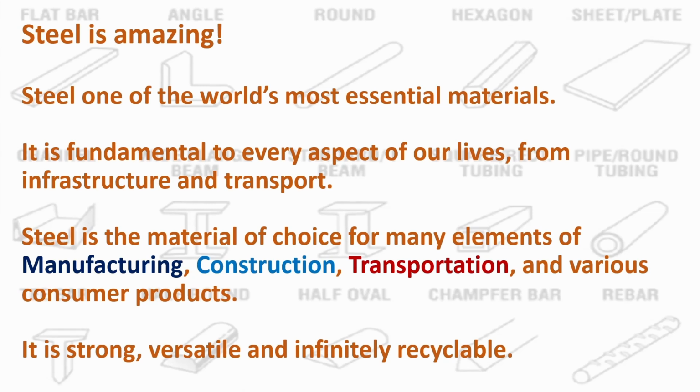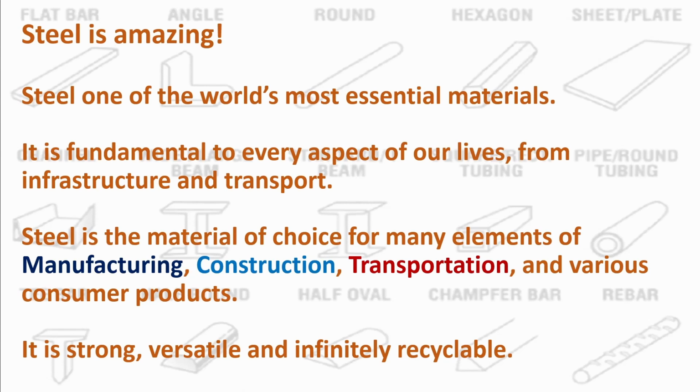It is fundamental to every aspect of our life, from infrastructure to transport. Steel is a material of choice for many elements of our manufacturing, construction activity, transportation, machines, vehicles, cars, and so on, and various consumer products.